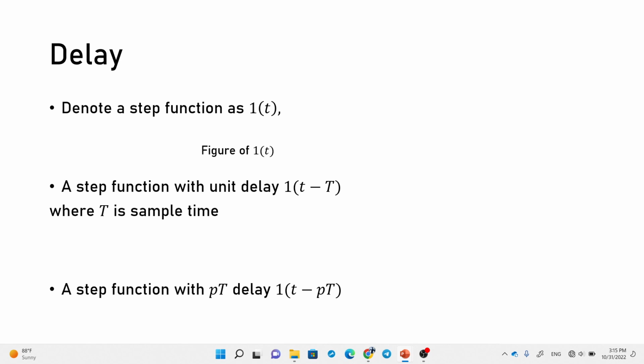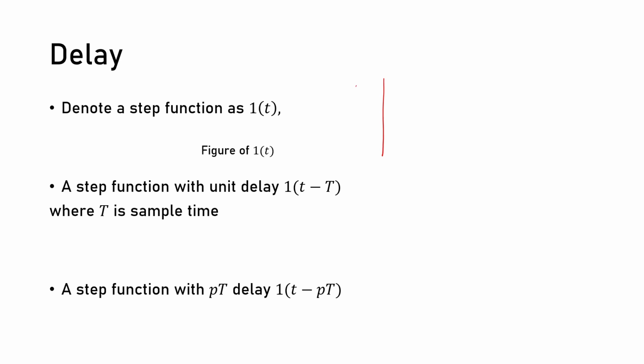That is denoted by 1(t). So 1 means the final value is 1, stepping from 0. And the figure of the step function is supposed to be like this. From 0 and then step to 1 without delay.